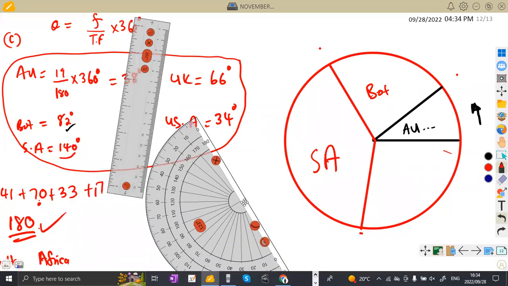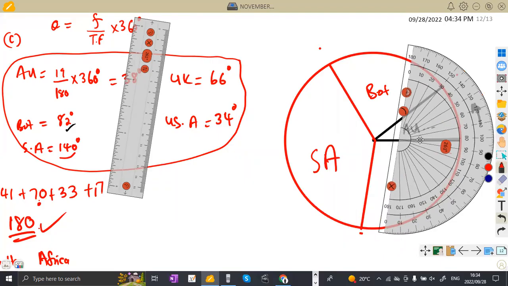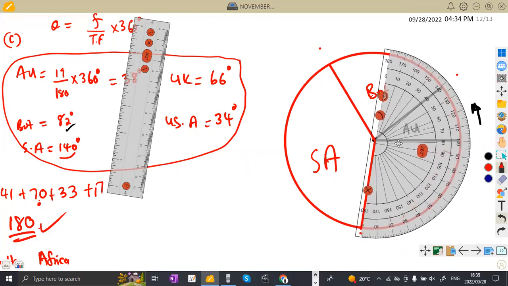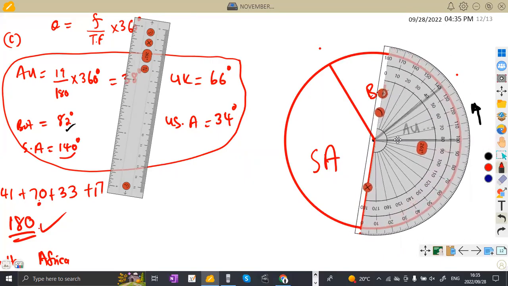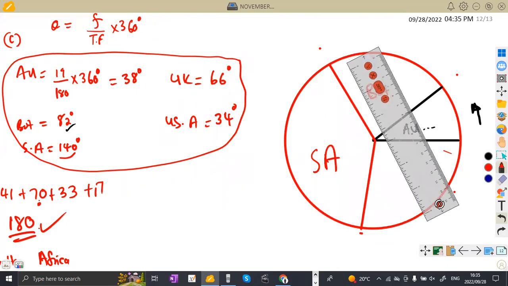It's 66 for UK. So here we're going to have our UK, which is 66. Somewhere here. All right, so 66, that's here, 0, 10, 60, 65 here. So 66, somewhere there. Yeah, then we can actually join. So I'm going to join to the center, to that point.